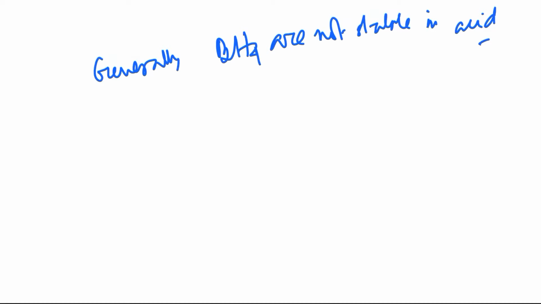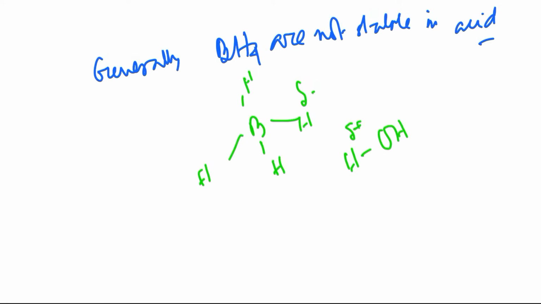Okay, why? Because this borohydride has this structure, it's sp3 hybridized, and hydride is delta minus. And acid or water, that contains H plus, H-O-H with delta plus hydrogen, or you may consider that as H plus. So they can react together.